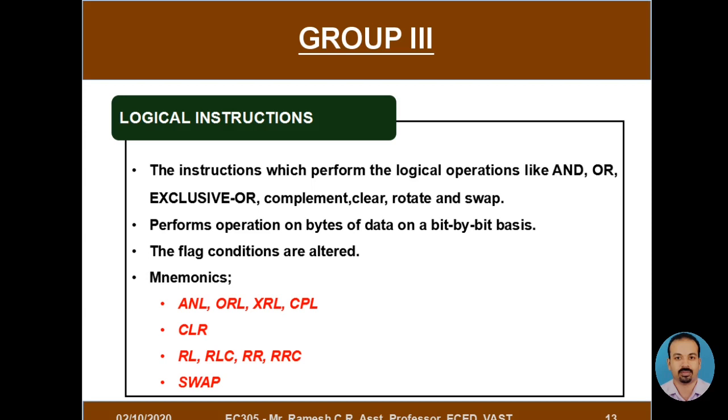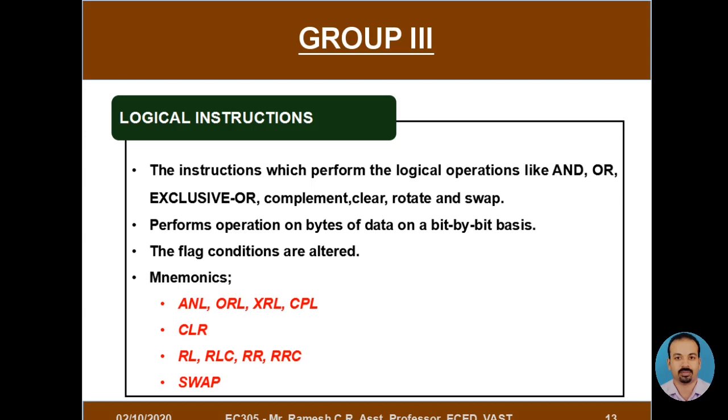That is, first of all, D0 and D0 will be logically ANDed and the result is updated. Then D1 and D1. Likewise, bit by bit logical operations are performed and only the final result is affected. The bit by bit operation is internal.